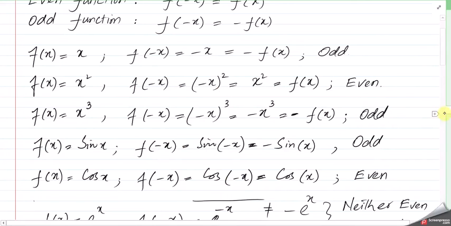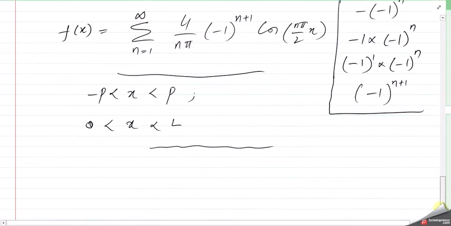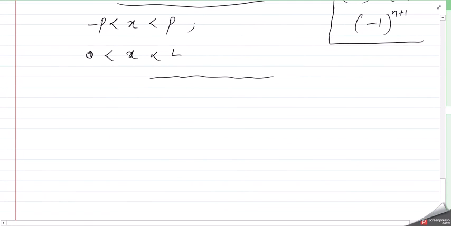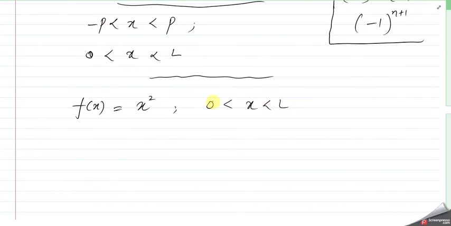Now, what if it is not defined from minus p to p? What do we do then? For example, we have a question, f of x equals x square, and x is defined from 0 to L. L is any number, so let's say 0 to L. Now our formulas technically will not work.